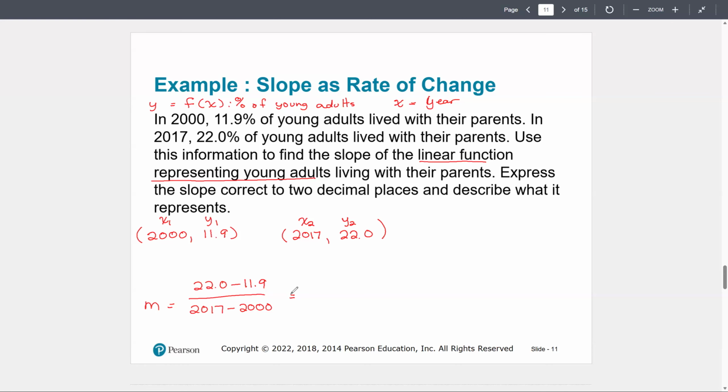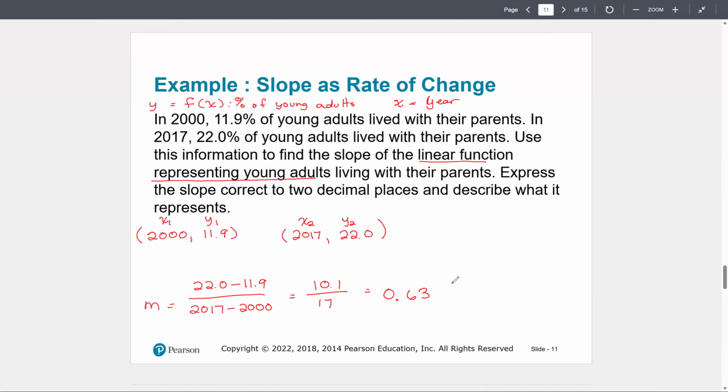Let's get a calculator out. This difference here is just 10.1 divided by 17. So 10.1 divided by 17, to 2 decimal places, is 0.63.